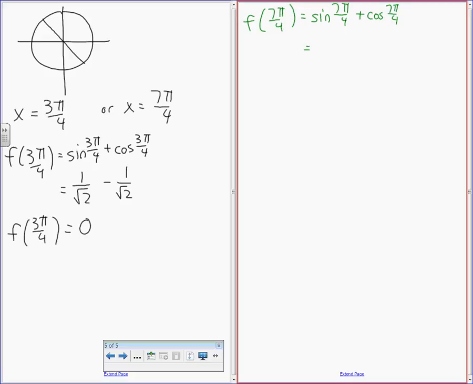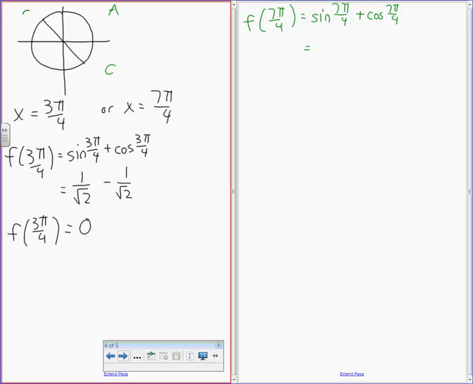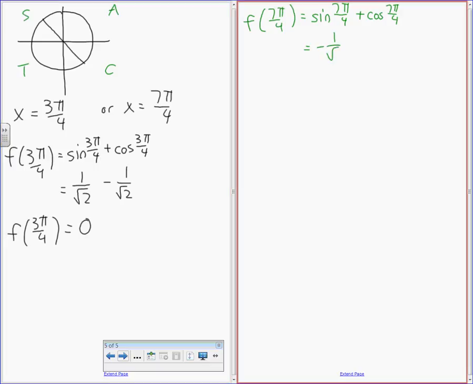Using CAST again here. The sign is going to be negative. Is that right? I think that's right. Is that right? That is right.